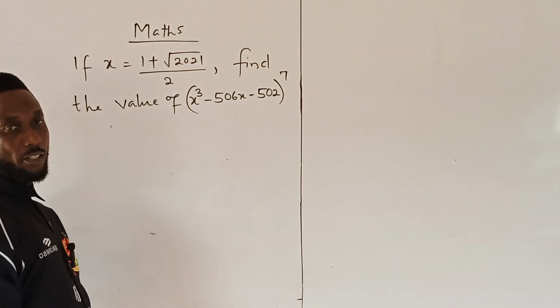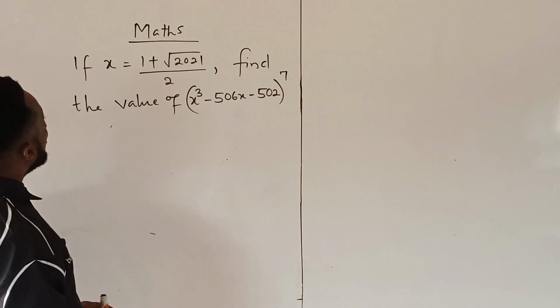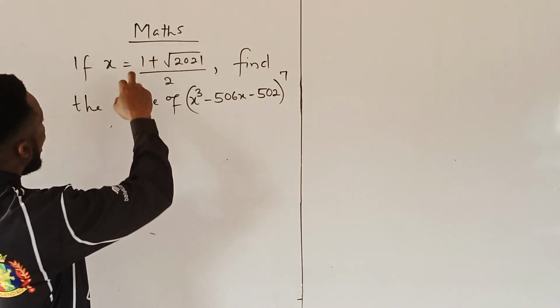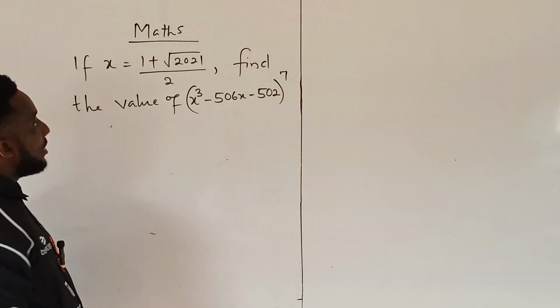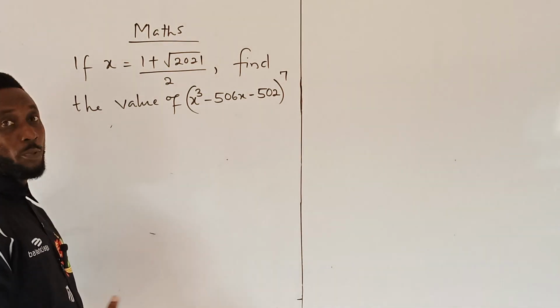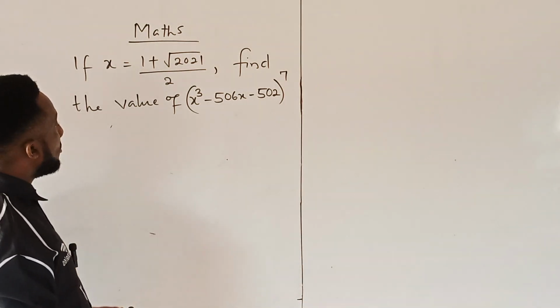That's going to take forever. So what we have to do is try to wrap our head around this radical expression and see if we can obtain a refined algebraic expression that can help us substitute.